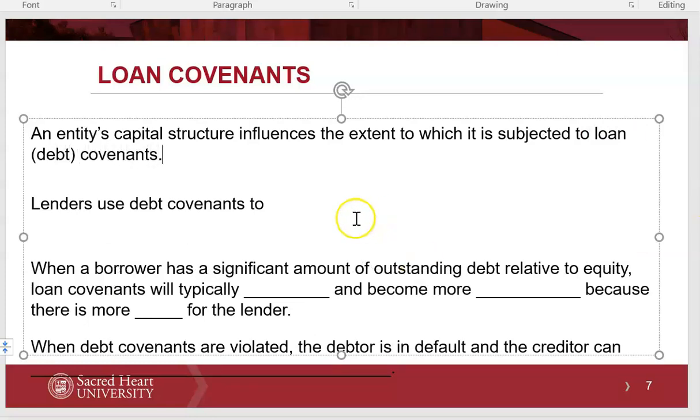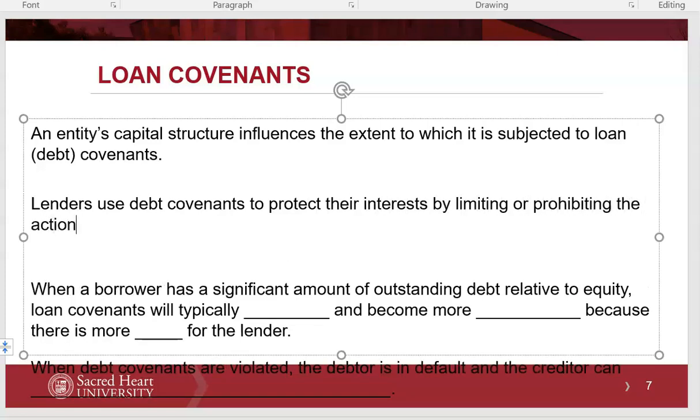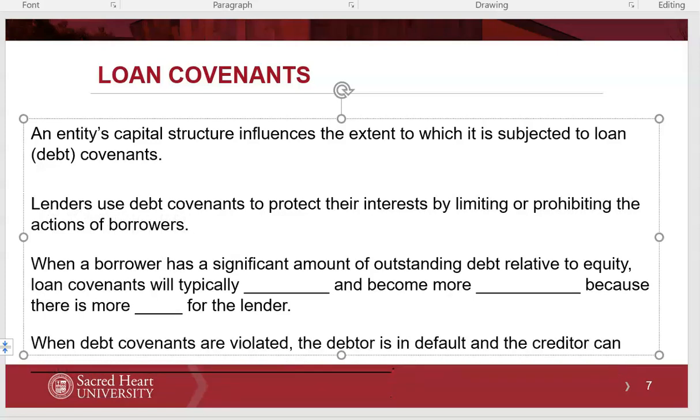Lenders use debt covenants to protect their interests by limiting or prohibiting the actions of borrowers. What keeps the lender up at night? What's the lender's risk? The lender's risk is that the company it's lending to is not going to be able to repay.